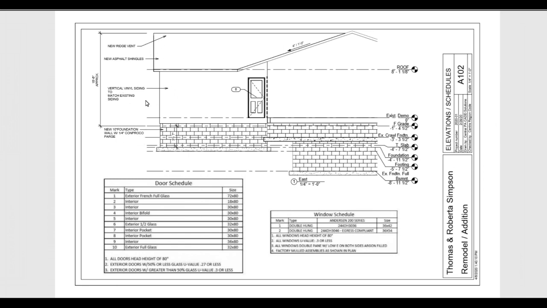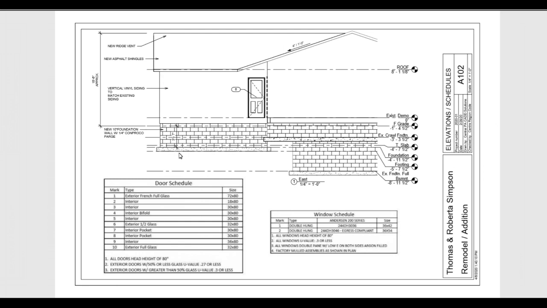Talking about finishes, it also shows a representation of what the doors will look like, and it'll have the corresponding door symbol. I can see how the existing roof and the new roof tie together. This is the new roof here. I can see how the fascias line up, how the soffits and eaves line up. I can see that there's an overhang on this side.